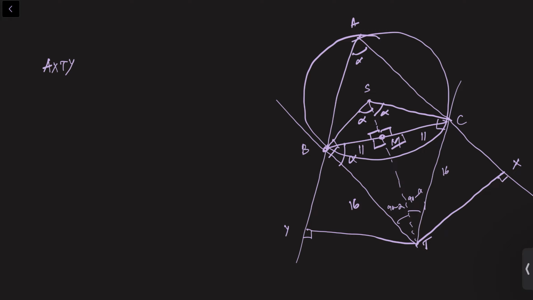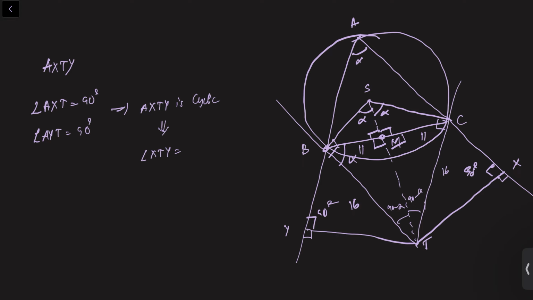It is a cyclic quadrilateral, because we have AXT as 90 degrees and AYT also being 90 degrees. So AXTY is a cyclic quadrilateral. Now since this is cyclic, angle XTY will be 180 minus alpha.